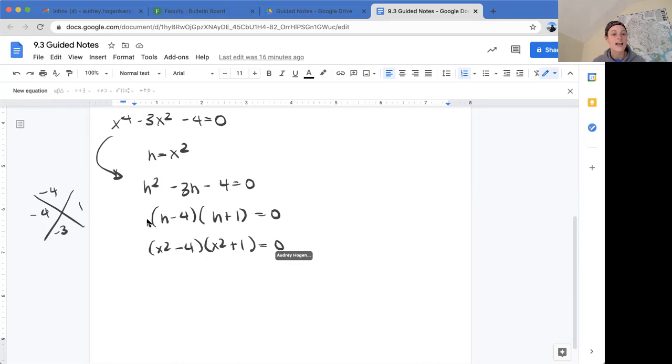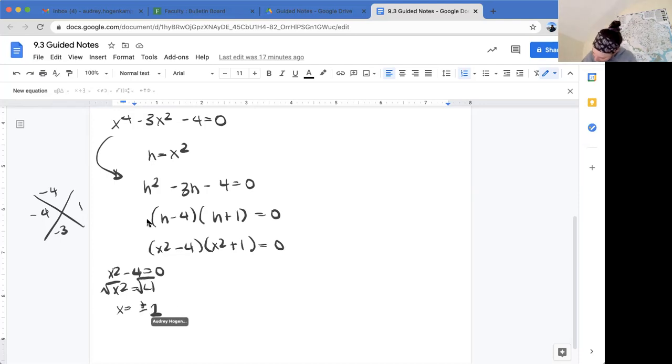So basically, for these problems that have something to the 4th minus something squared minus a number, those equations that are almost quadratic, you can make them quadratic using a little tricky substitution. Okay, so then x squared minus 4 equals 0. So x squared equals 4. So x is equal to plus or minus 2.